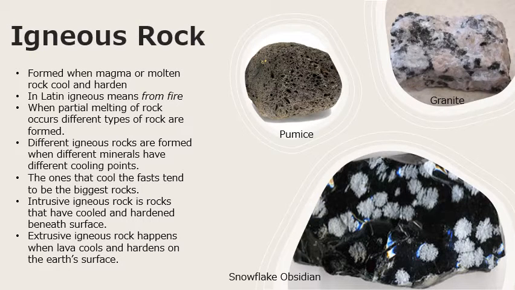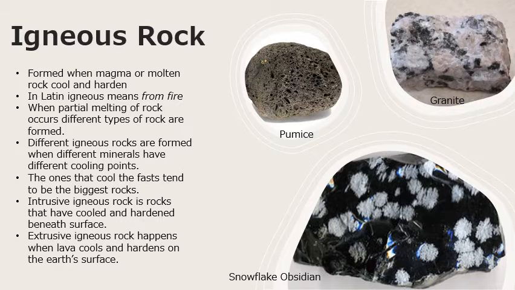All right, so the first rock up is igneous rock, formed when magma or molten rock cooled and hardened. In Latin, igneous rock means from fire. Magma's hot. When partial melting of rock occurs, different types of rock are formed.